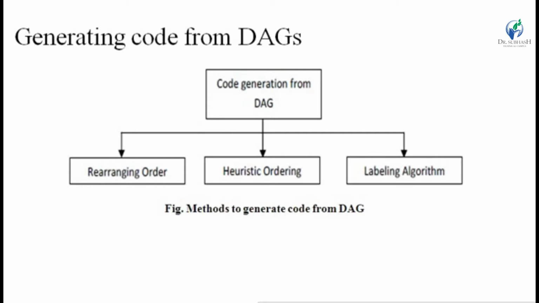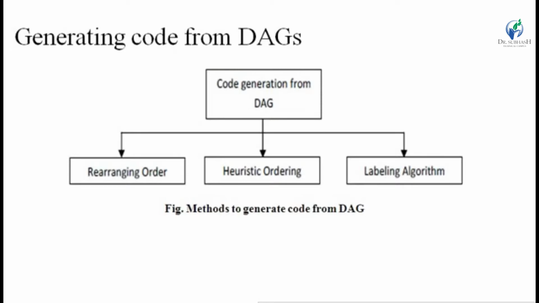For example, T1 is equal to A plus B, T2 is equal to C plus D, T3 is equal to E minus T2, and T4 is equal to T1 minus T3. The code can be generated by translating the 3 address code line by line. First move the value of A into R0.